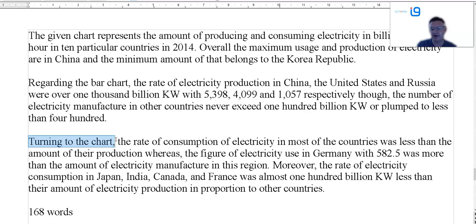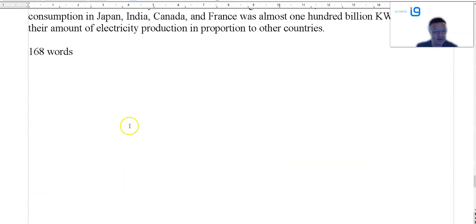You can't regard it and turn to it. It's basically the same, so that doesn't make a lot of sense. And why do you have production in one paragraph and consumption in the second? That doesn't really make a lot of sense either, does it? So that needs reorganizing.